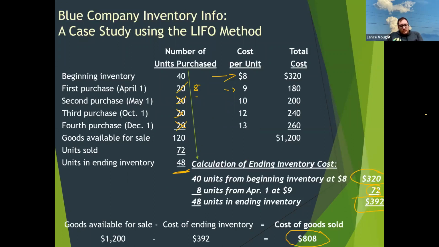A similar way to look at this is kind of like with stocks. You could buy 5 shares at $10, 5 shares at $20, and 5 shares at $30. You sell it at, I don't know, 25.